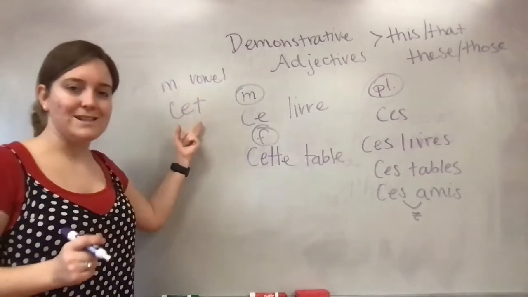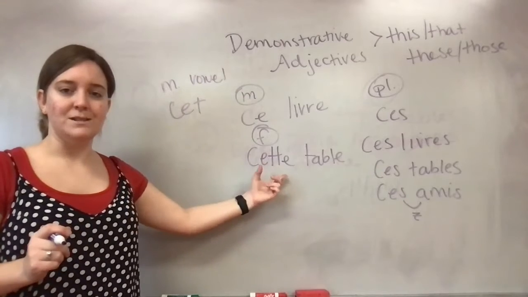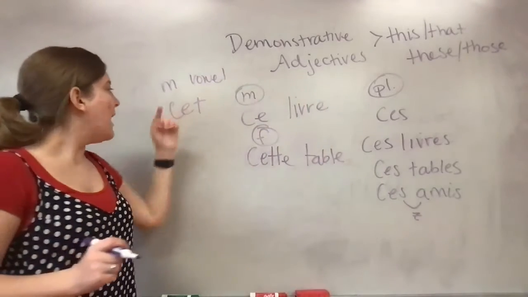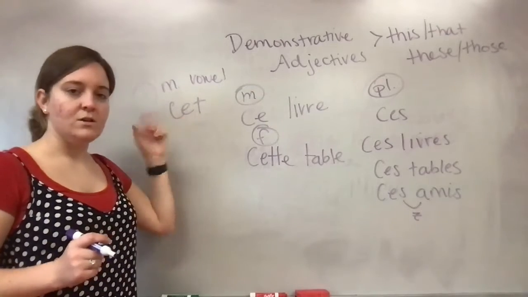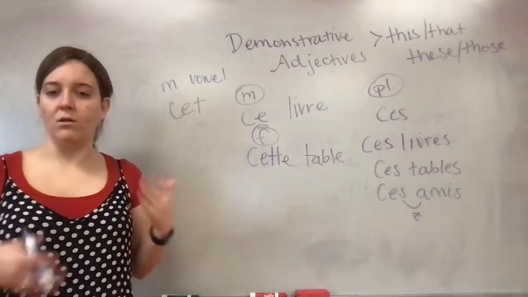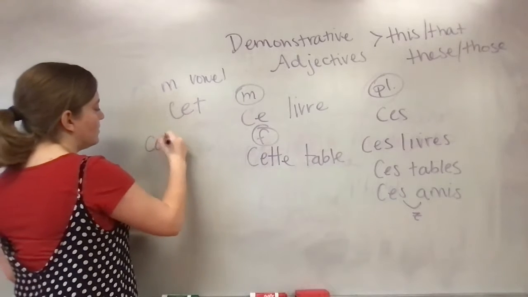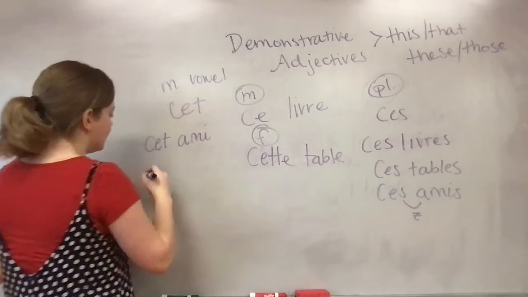And this is pronounced cette, just like this one, cette, cette, ce, ce. And this cet, so in speech, you're not going to be able to tell a difference. You are going to pronounce that T. Cet ami.